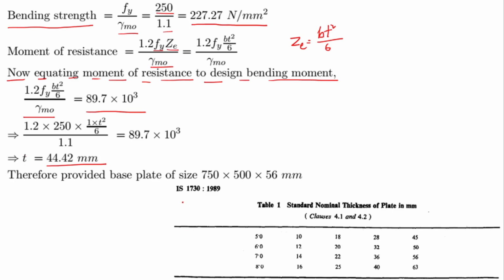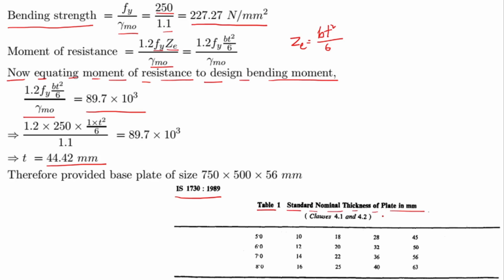Then from IS 1730 1989, which deals with sections for flat plates for steel design, in table 1 standard nominal thickness of plates in mm are given.